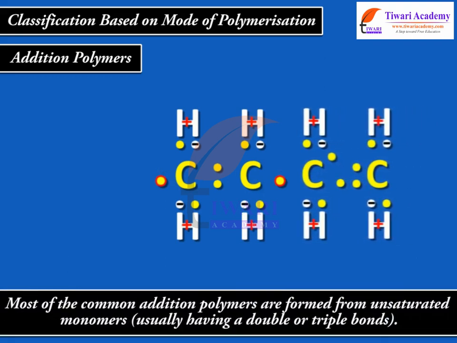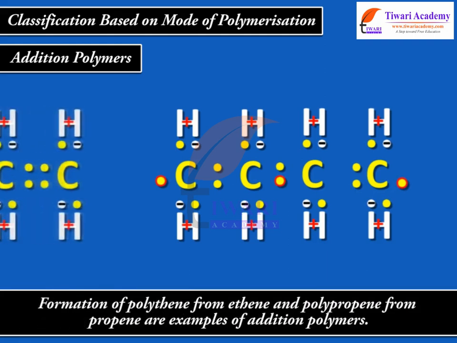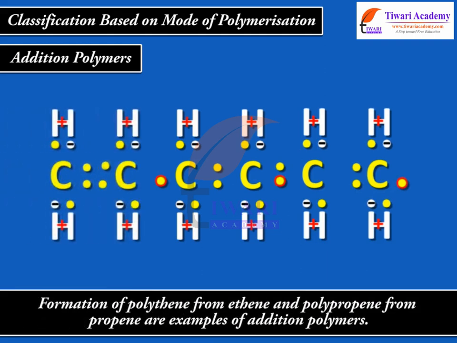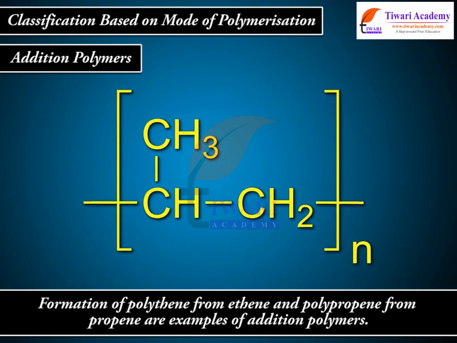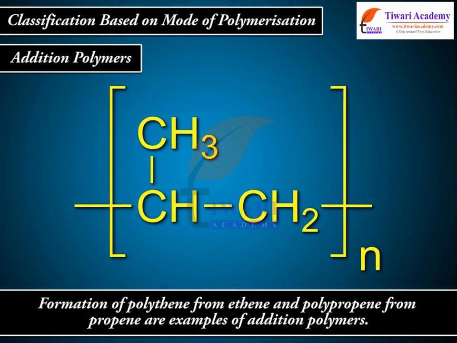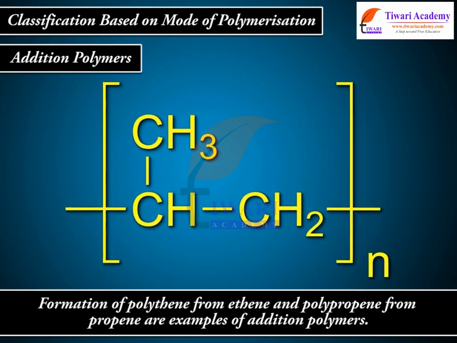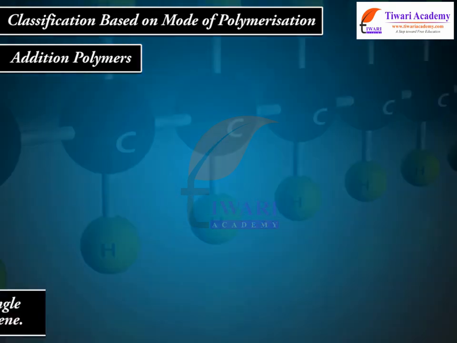Most of the common addition polymers are formed from unsaturated monomers, usually having double or triple bonds. Formation of polythene from ethene and polypropene from propene are examples of addition polymers.